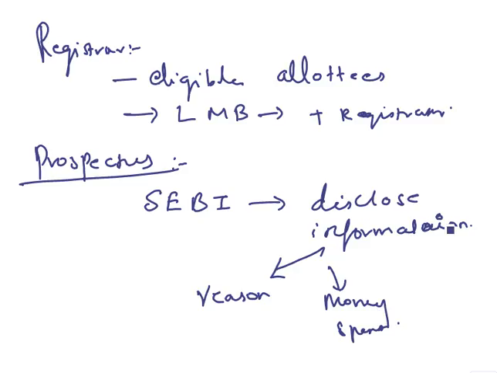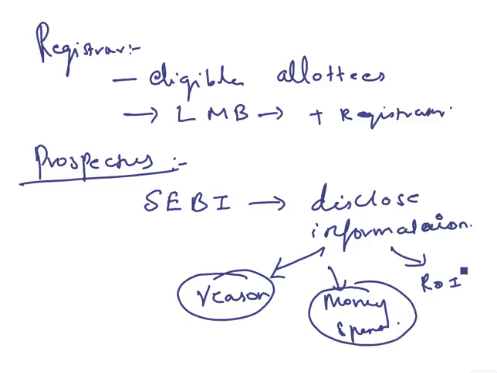These things will be told, and also how much return on investment you as an investor will be getting if you opt for this. So this is called the prospectus, disclosed information revealing the reason for raising the money, how the money will be spent and what the return on investment will be.